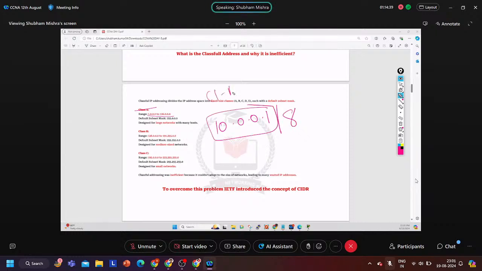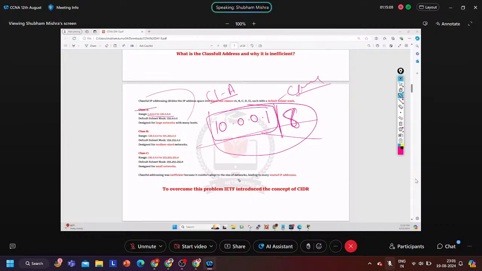Class A. And for class A, if we are assigning the subnet mask /8, that is called classful. When you calculate the number of hosts here, you will get a huge number of hosts. It means if you are assigning the IP address like this, you are wasting lots of IP addresses. So that is called classful IP addressing.